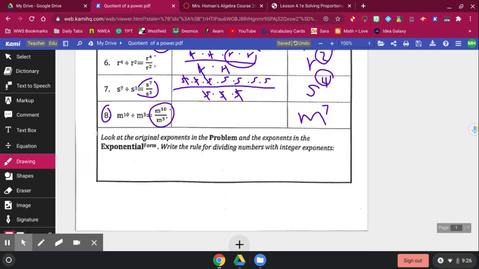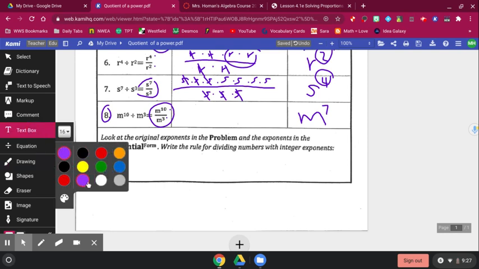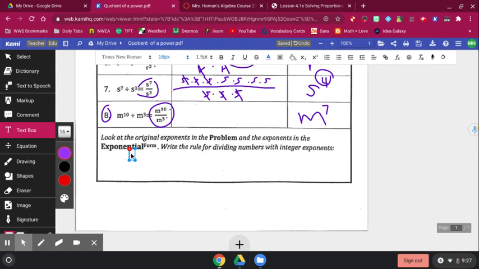So if we look down here at our rule, we're going to write a rule just like we did when we were multiplying. So when dividing powers with the same base, again, I'm going to capitalize that because they have to have the same base for this rule to work.